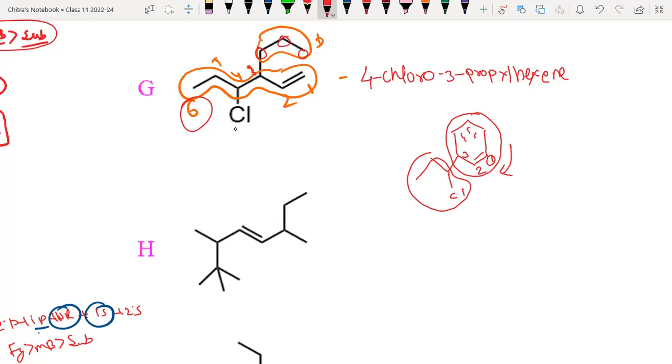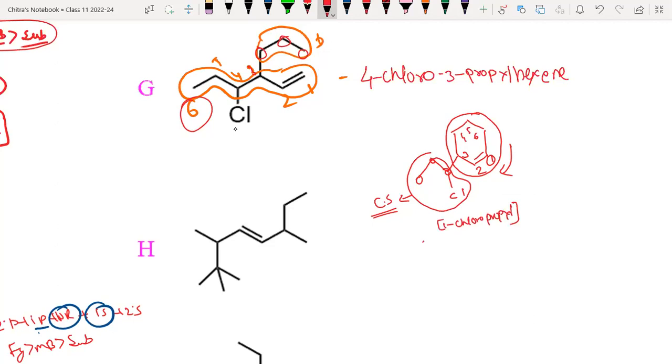So we can write the name for that also. But here that substitution is a complex substitution, because the propyl group is a substitution, and in the propyl group we have chlorine as a side substitution, and the position of chlorine is 1. So we have to write 1 chloropropyl. This is the name for this complex substitution.